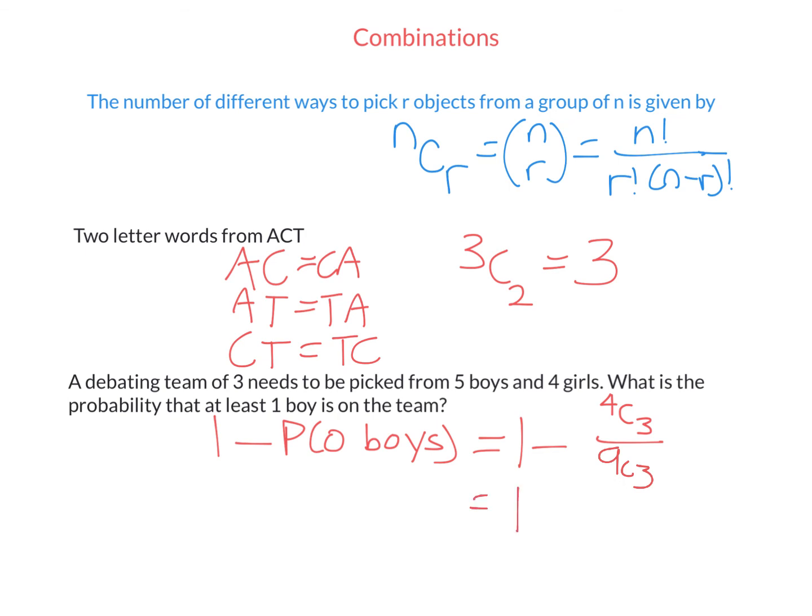Putting these on our calculator, 4C3 is equal to 4, 9C3 is equal to 84. So 1 minus 4 over 84 gives you 15 over 16, or 0.9375. That's the probability of picking at least one boy. This question was made so much easier due to combinations. I was able to calculate the number of ways the event could occur and the total number of outcomes.